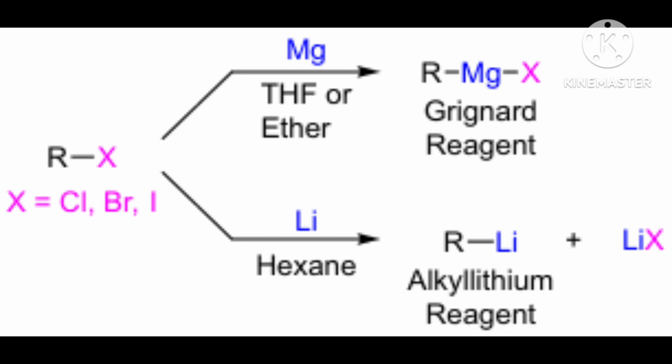In general, one bond with the alkyl group, other with the halide group. That's why both the halide group and alkyl group are negatively charged, but magnesium will be positively charged.